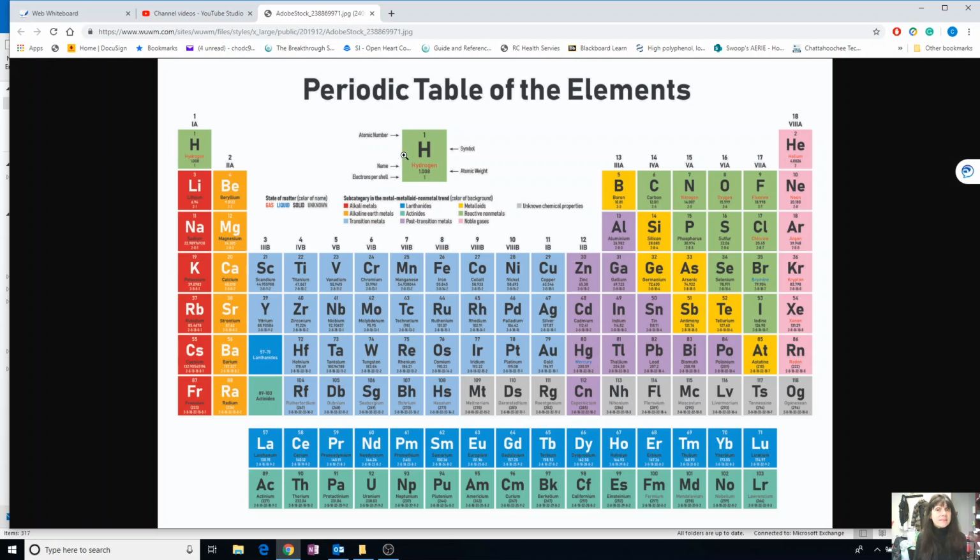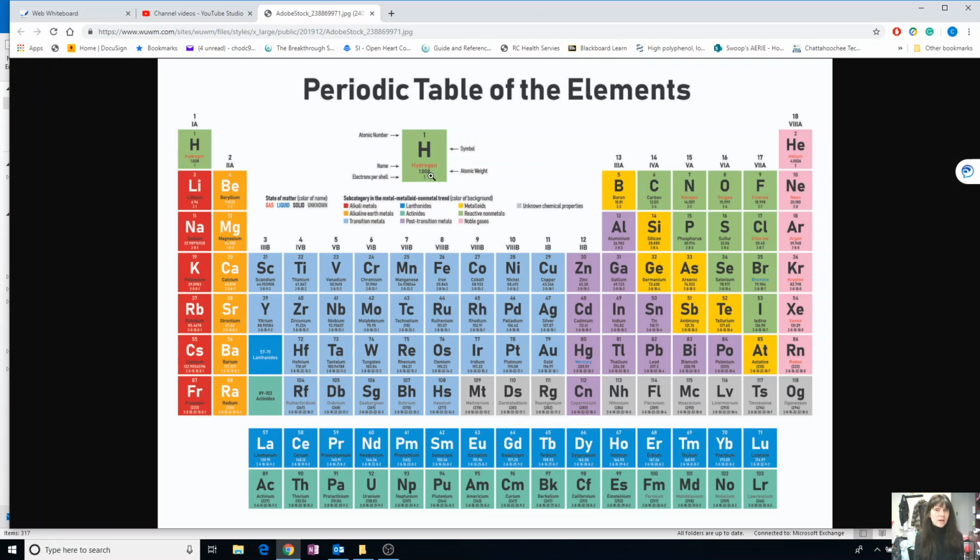If we look at a sample of hydrogen atoms, we'll find that the atomic mass, which is the average of protons and neutrons together, is 1.008. So there are some hydrogen atoms that have one proton and two neutrons, and those would be considered isotopes of hydrogen.